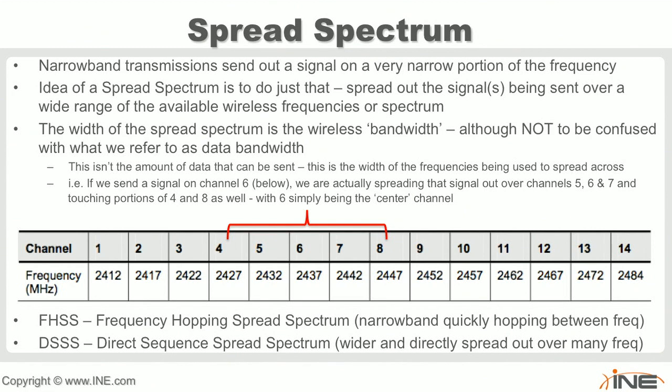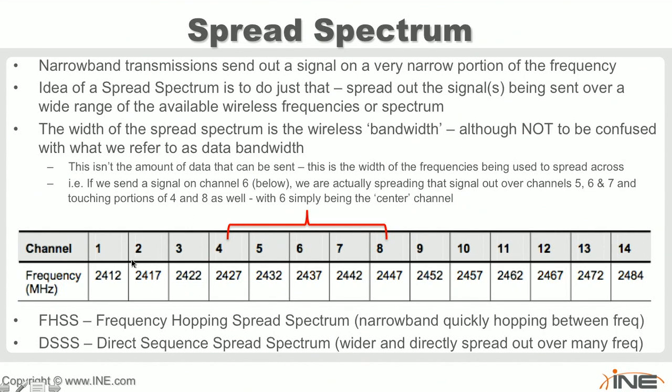There's something called frequency hopping spread spectrum, and there's something called direct sequence spread spectrum. So FHSS, or frequency hopping spread spectrum, is when we have a narrow band. So maybe we're only using one particular frequency, and it's hopping between frequencies.